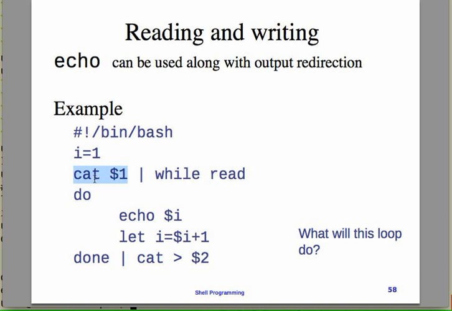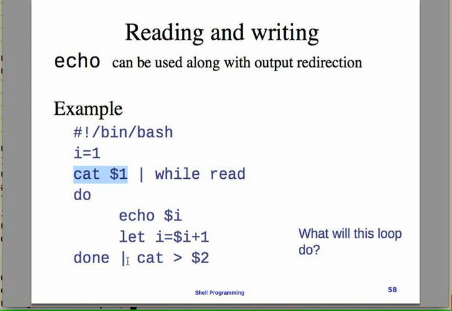So you're going to cat the contents of a file, assuming that this $1, the first argument to the script, is a valid file name. You'll cat it and you will read it. You'll print out I, that is, the line number, basically. And then the output of this is sent out to cat.